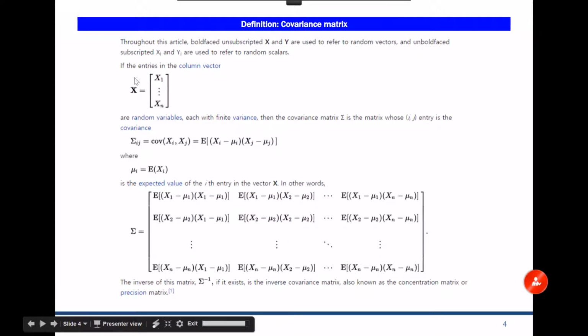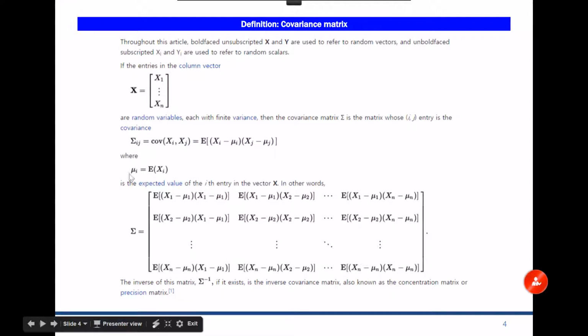Okay. Suppose we have a column vector x1 to xn, and we can define the covariance sigma ij as the covariance of xi, xj, and of course covariance is the expectation of xi minus the expectation of xi, times xj minus the expectation of xj, where mu i is the expectation of xi.